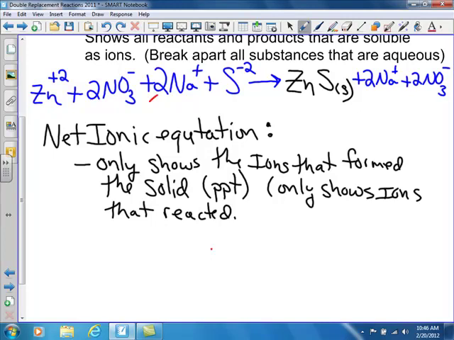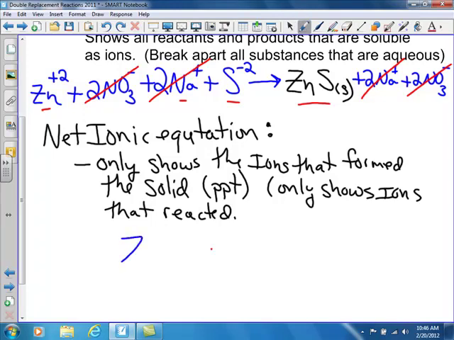So right here, I have 2 Nas, and over here, I have 2 Nas, so I can get rid of those. And right here, I have 2 NO3 minuses, and over here, I have 2 NO3 minuses, so I can get rid of those. Now, this right here is a solid, and these are ions, so I can't get rid of those. So what I have left then is my net ionic equation.